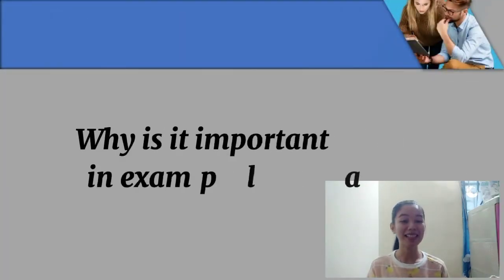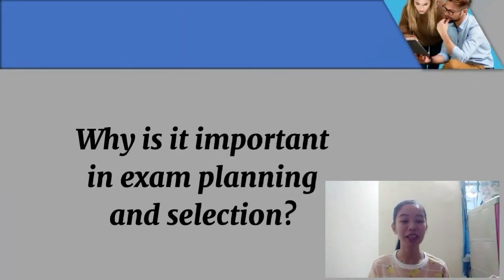Now that we realize the importance of a reliable measure, we will discuss why reliability is important in exam planning and selection. Imagine, for example, that you take a test of cognitive ability and score highly. Feeling proud of yourself, you decide to take the test again to prove to your boss that you are a genius.